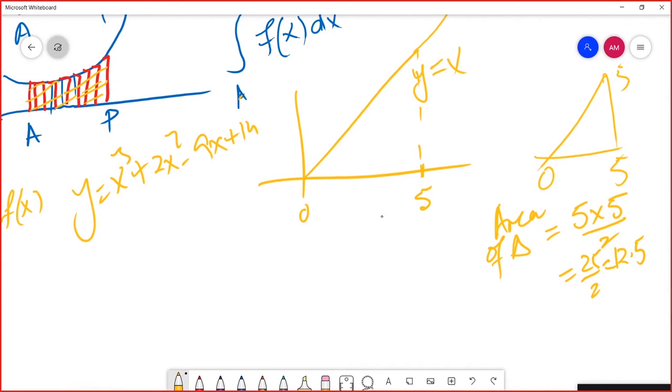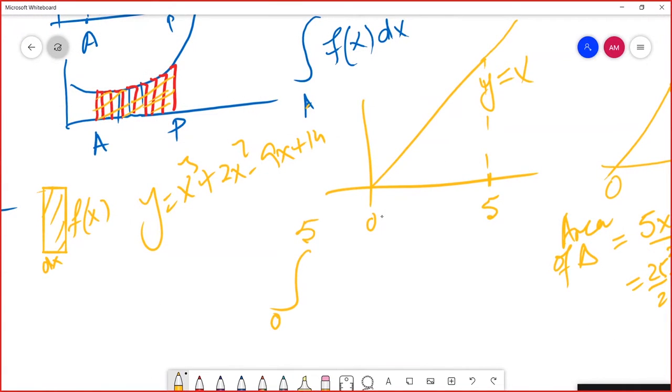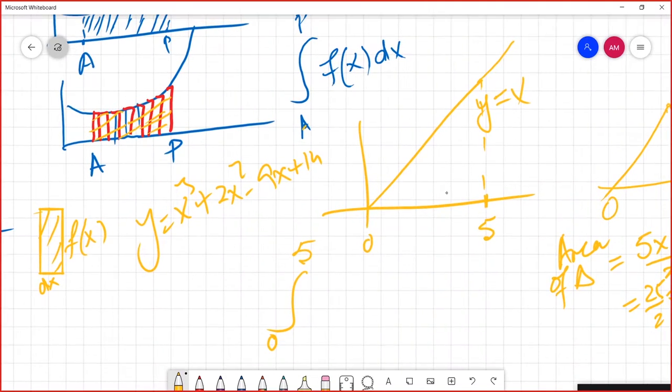If I say integration, you understand I am referring to anti-differentiation, right? So it's the same name. Let's do this question with the integration also. So integration in this would be from lower limit 0 to upper limit 5. Why? Because like I showed here, we go from A to P. In this example, 0 is A and P is 5. Do you see this?